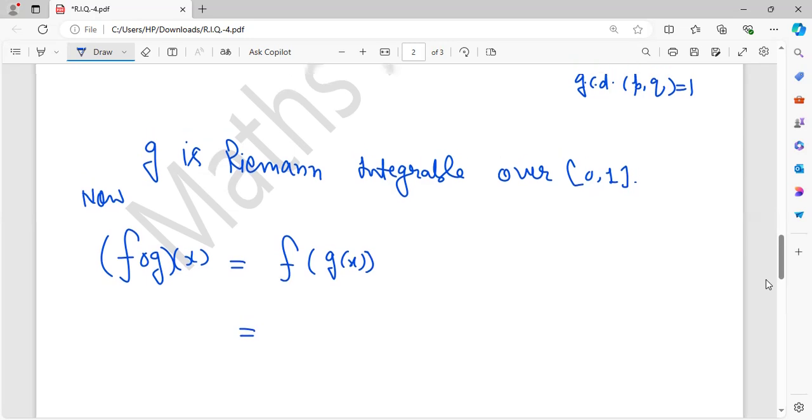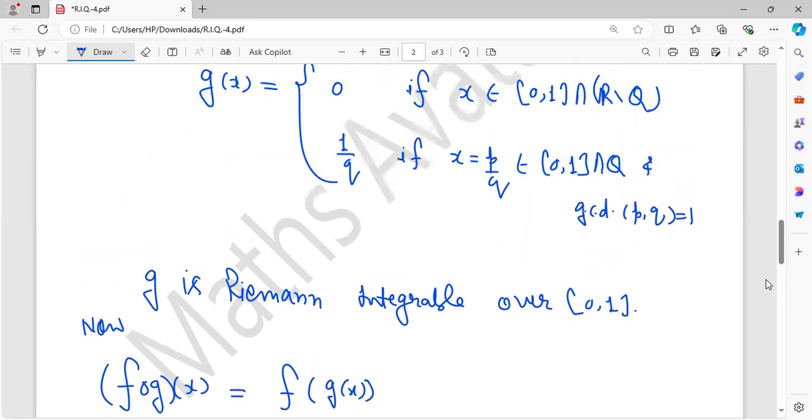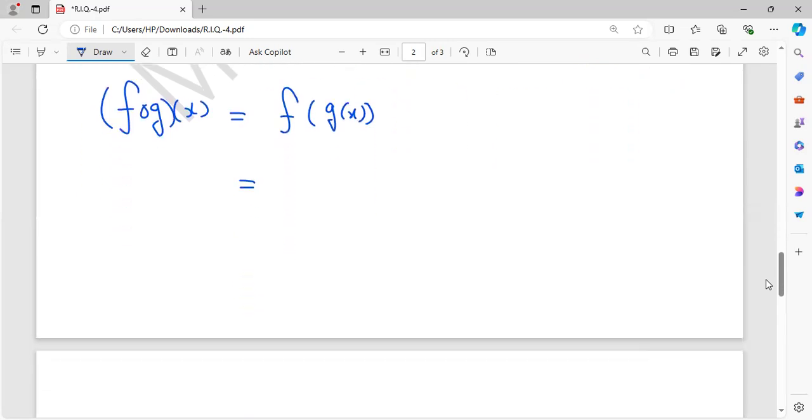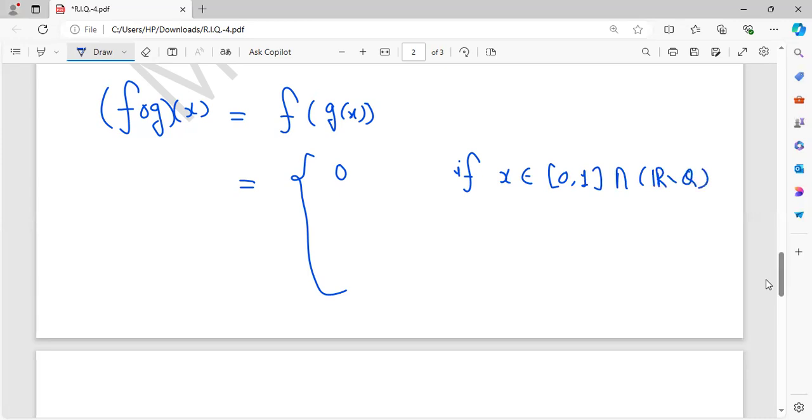So we know that g(x) will be either 0, so f(g(x)) will be 0 if x belongs to the closed interval [0, 1] intersection R minus Q. And it will be 1 because 1 upon q is non-zero, and for a non-zero argument f is 1.